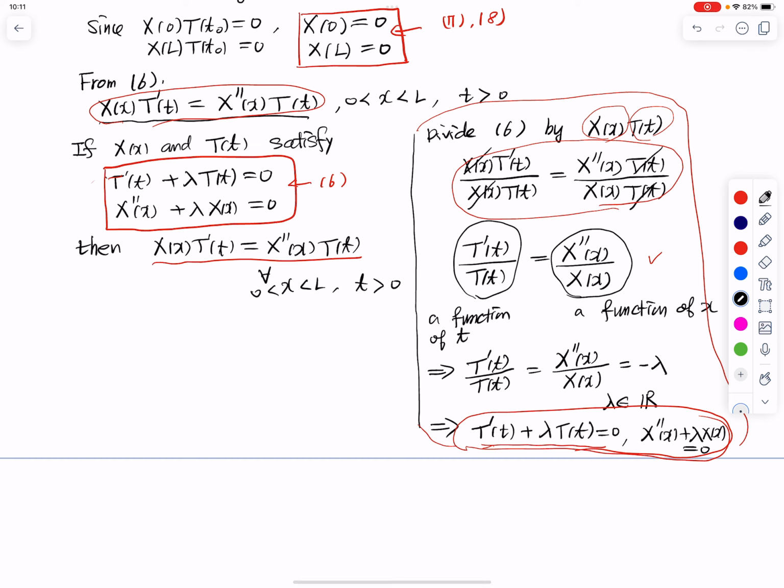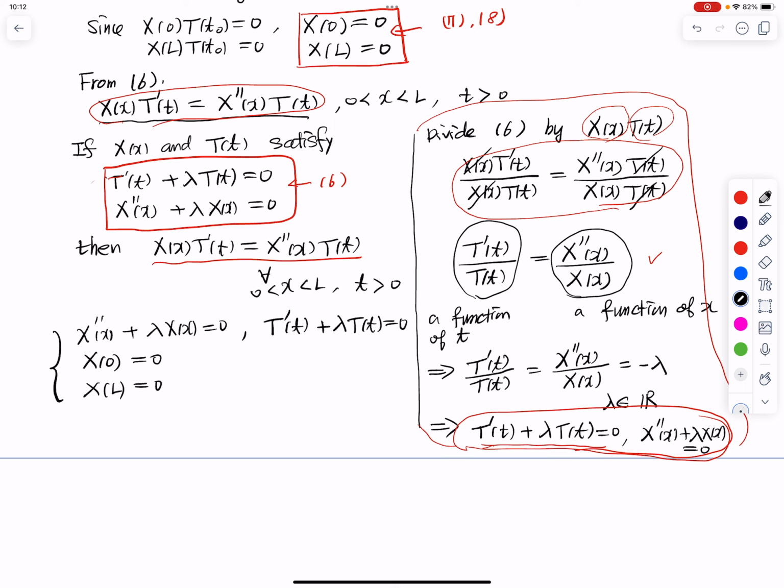So then we have the equation X''(x) plus lambda X(x) equals 0, and then X(0) equals 0, X(L) equals 0. And then we have T'(t) plus lambda T(t) equals 0.